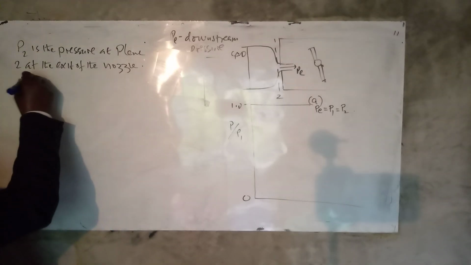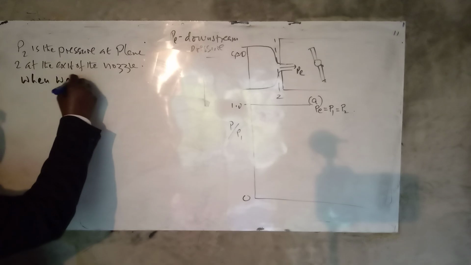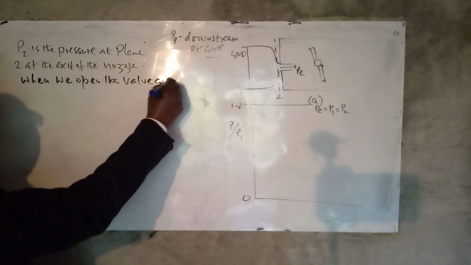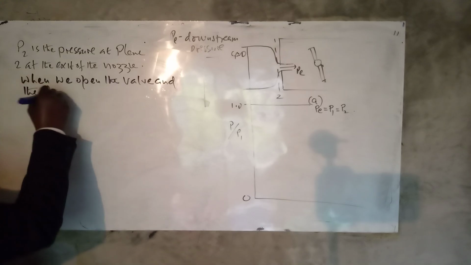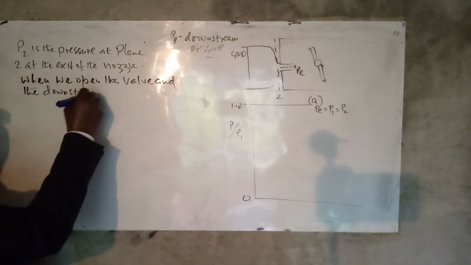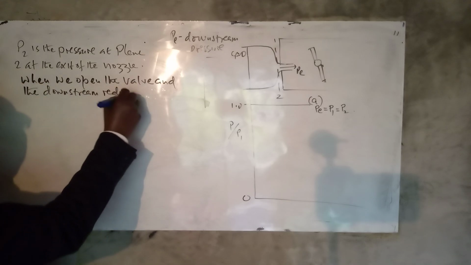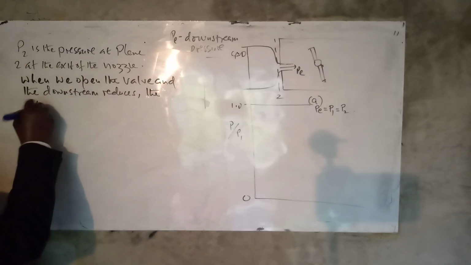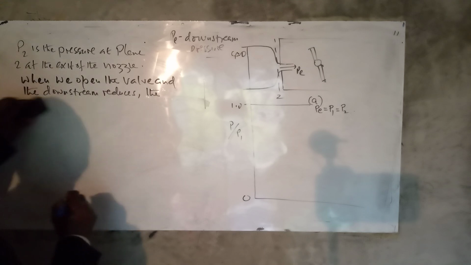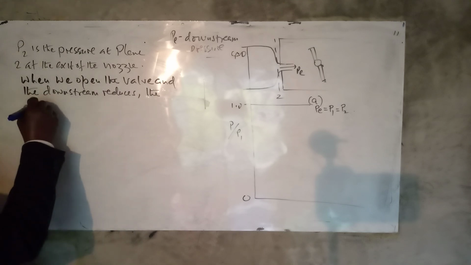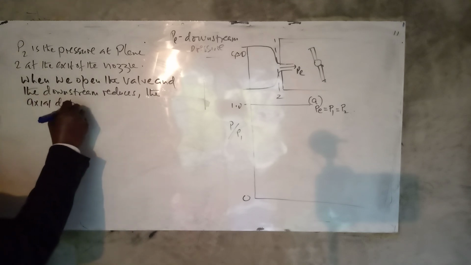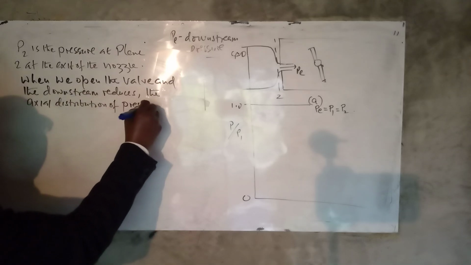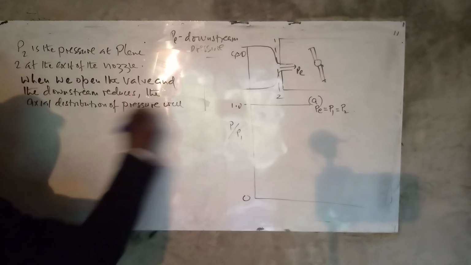So when you open the valve and the downstream pressure reduces, the distribution of the pressure at the axis, or the axial distribution of pressure, will be in a curve form.